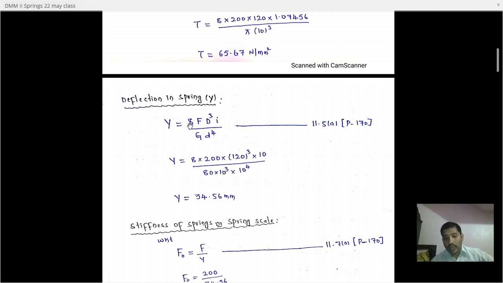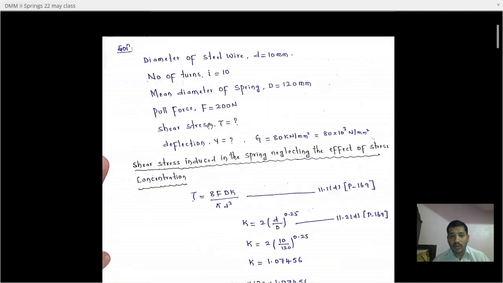Here 8 is constant. F is the tensile force acting on the spring, 200 Newton, into D. Here the D value is already given. How much is given here?